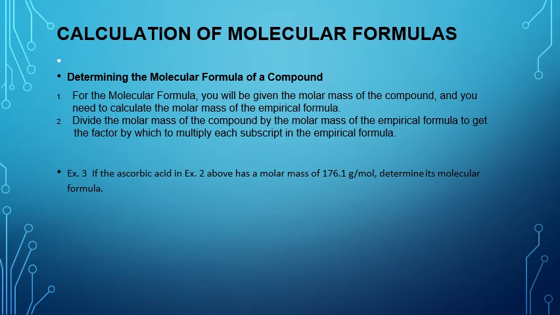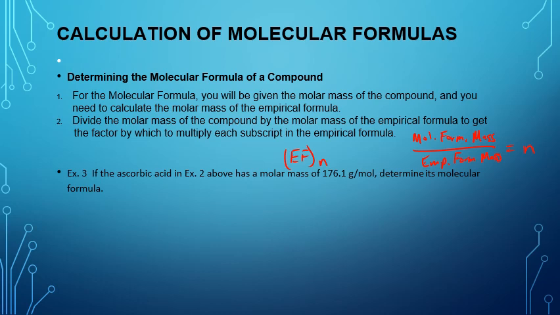Simply divide the molar mass of the compound by the molar mass of the empirical formula, and that will tell you some factor n to which you will multiply each subscript in the empirical formula. And then from there, we can take whatever the empirical formula is, multiply it by that value of n, and distribute it to your subscripts.